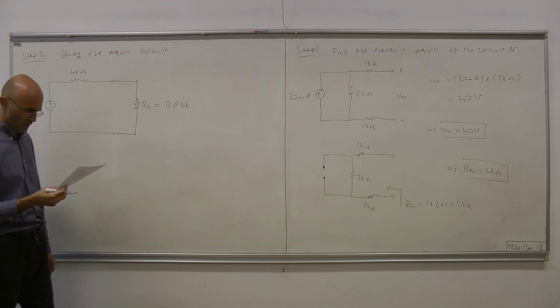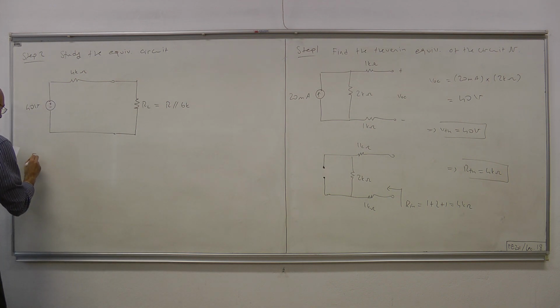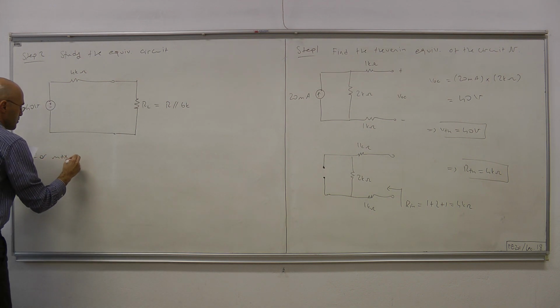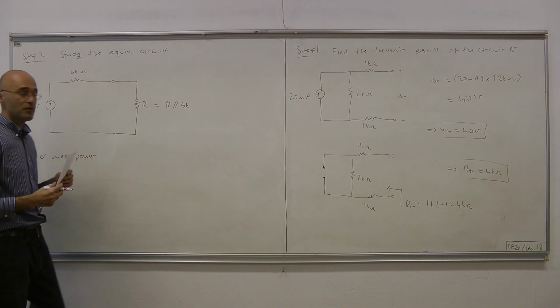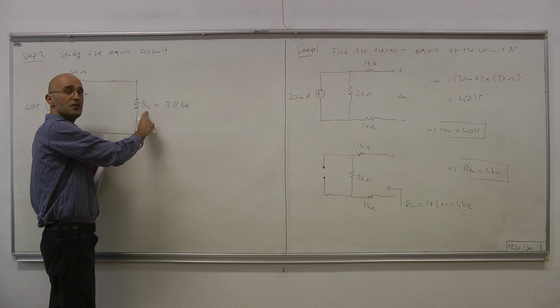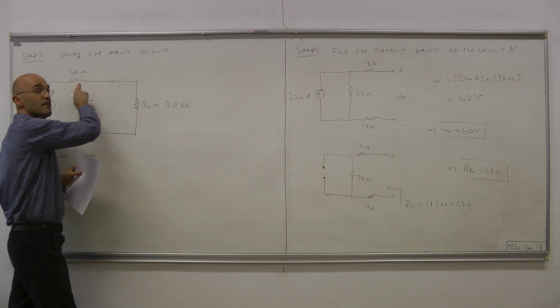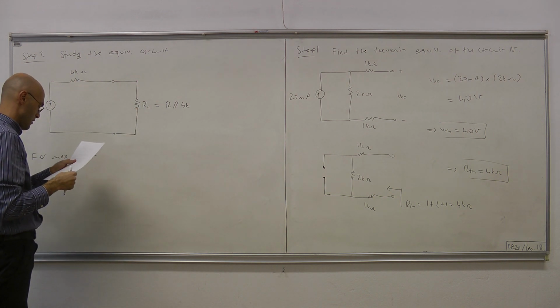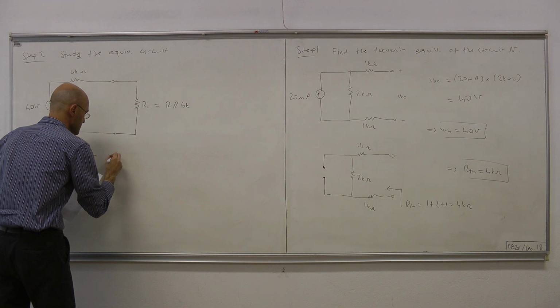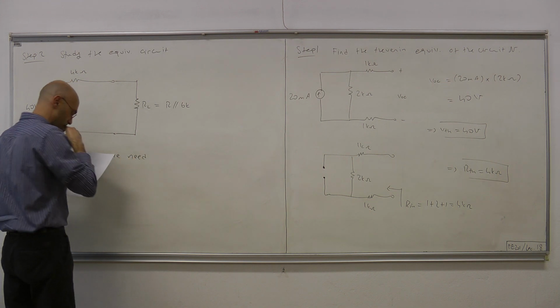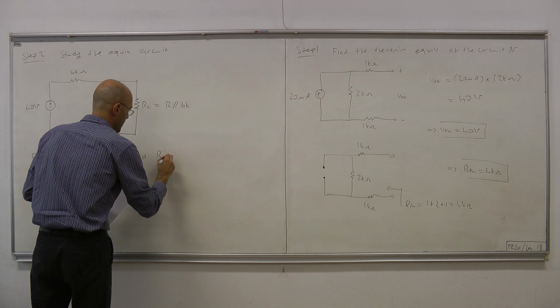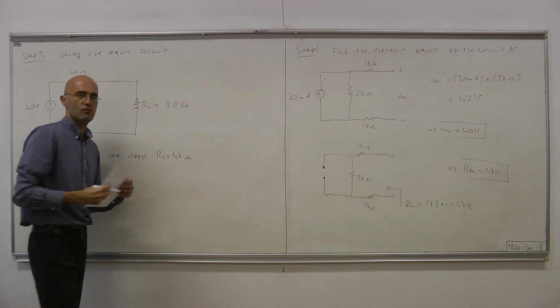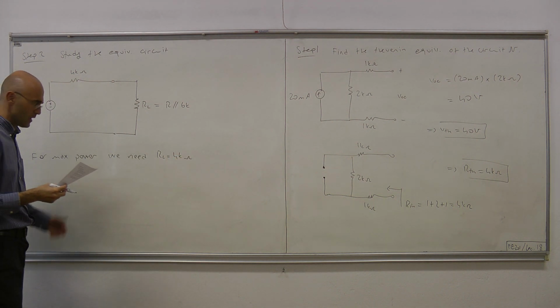So for maximum power transfer to the load, this resistance R_L must equal the Thevenin resistance, which is 4K. For maximum power, we need R_L equals 4 kilo ohms.